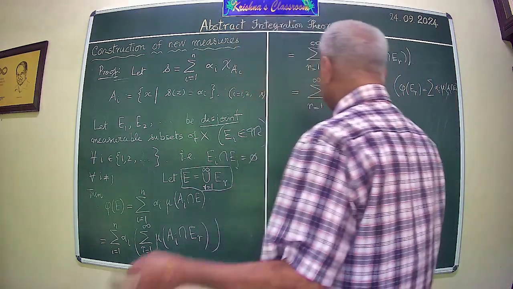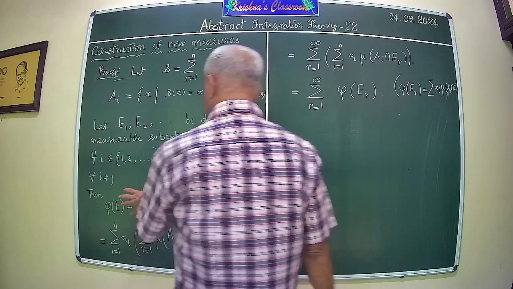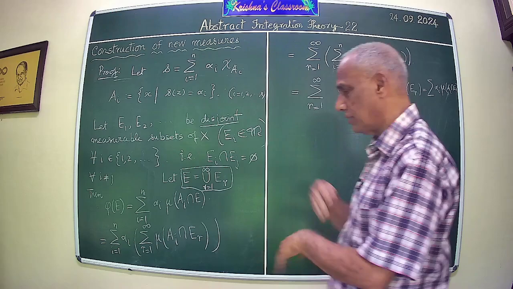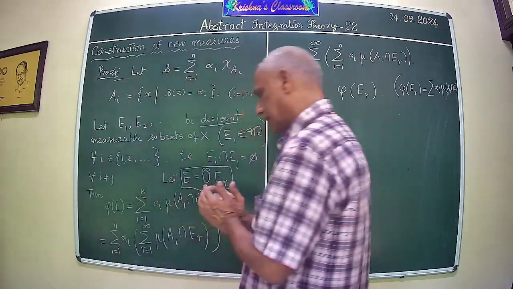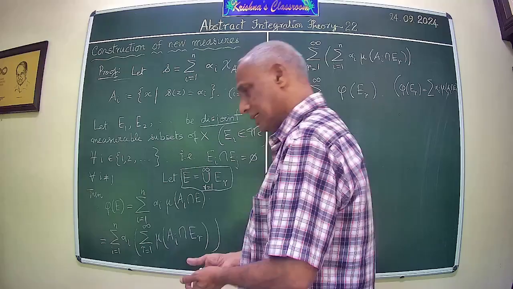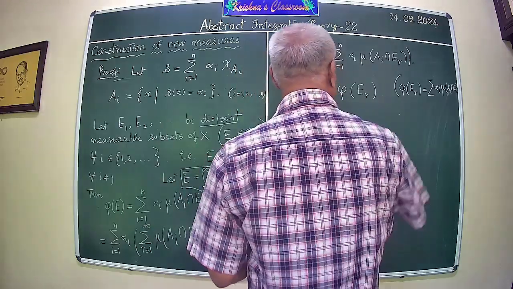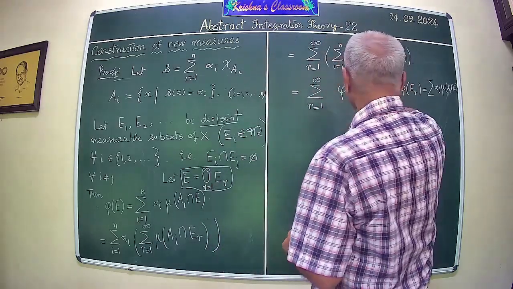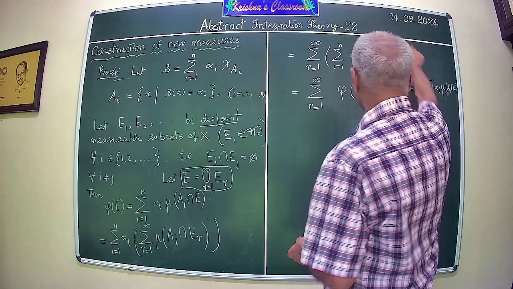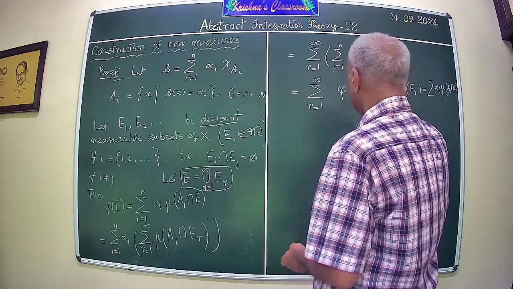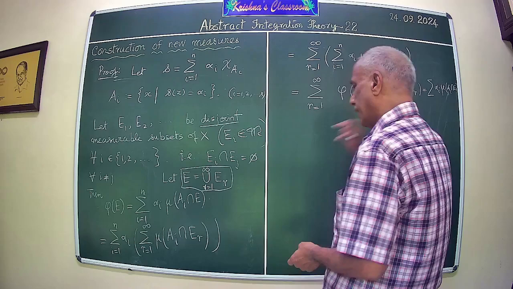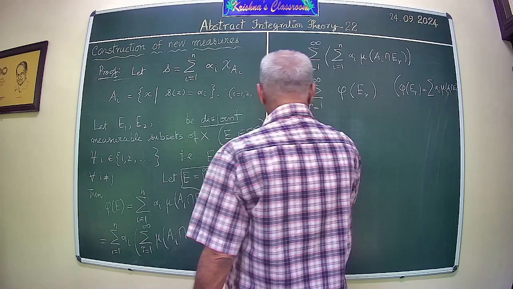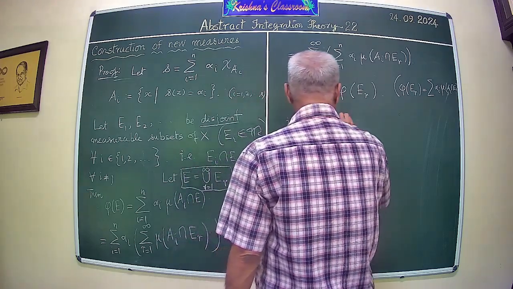On one side you have A_1, A_2, etc. A_n. On the other side you have got these E_r's. Now you are taking E_r and how many of these A_i intersect, that you take into account, and that's what's coming here. Because you are summing over i from 1 to n and then summing over r. So this by definition would give you simply phi of E_r. So you get phi of E equal to sigma 1 to infinity phi of E_r. That is, phi is countably additive.